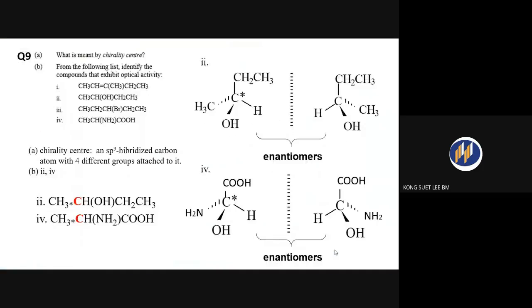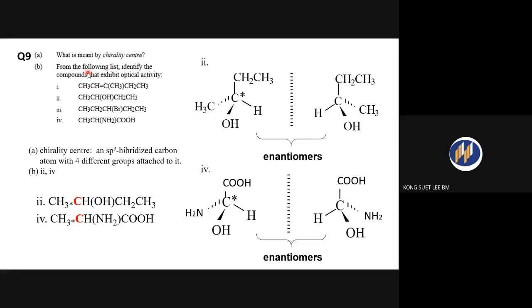Okay, is the share screen of question 9 clear? Did I share my screen for question 9? Hello? Yes, madam. Okay, nampak? Okay, good. So, chirality center, you just define it like this.